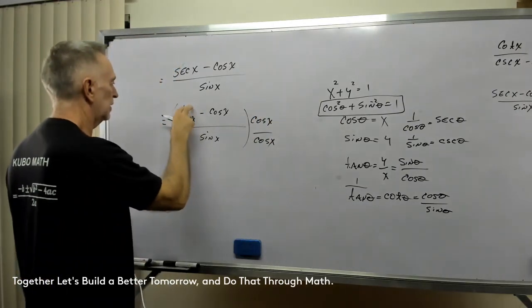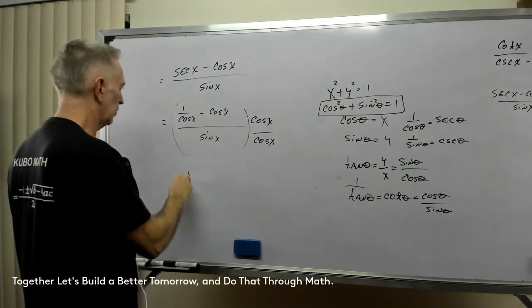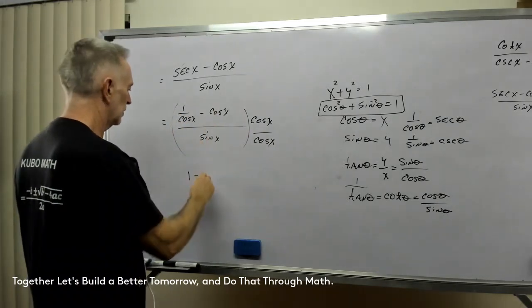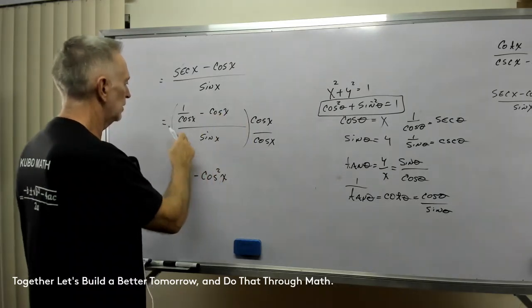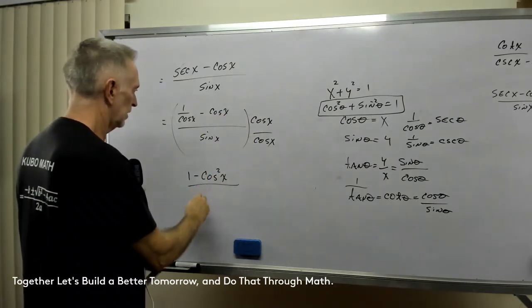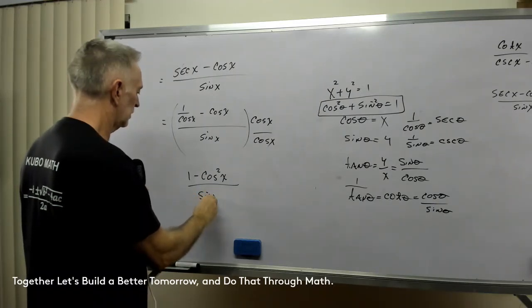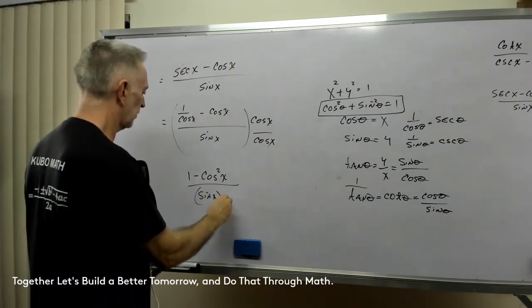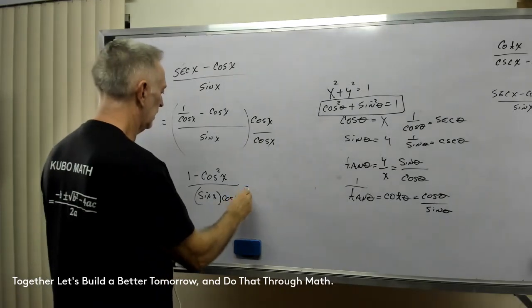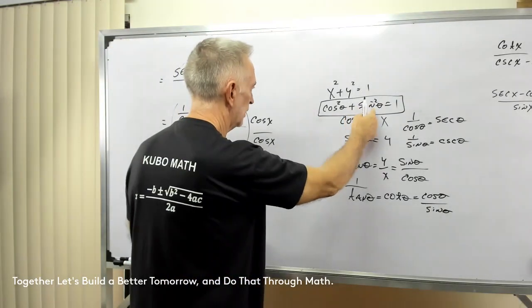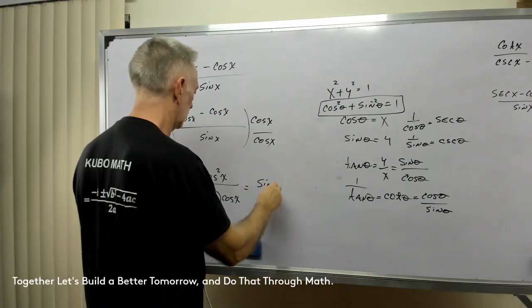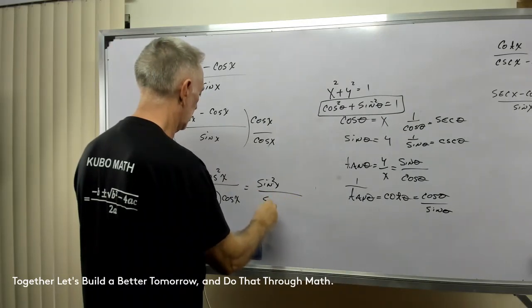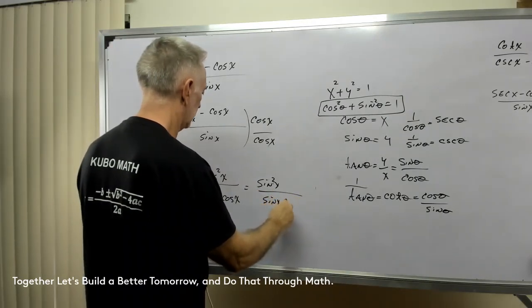So cosine times 1 over cosine gives me 1 minus, oh, this is going to work out again, cosine squared x divided by sine x times cosine x. Okay, 1 minus cosine squared is sine squared. So I have sine squared x over sine x cosine x.